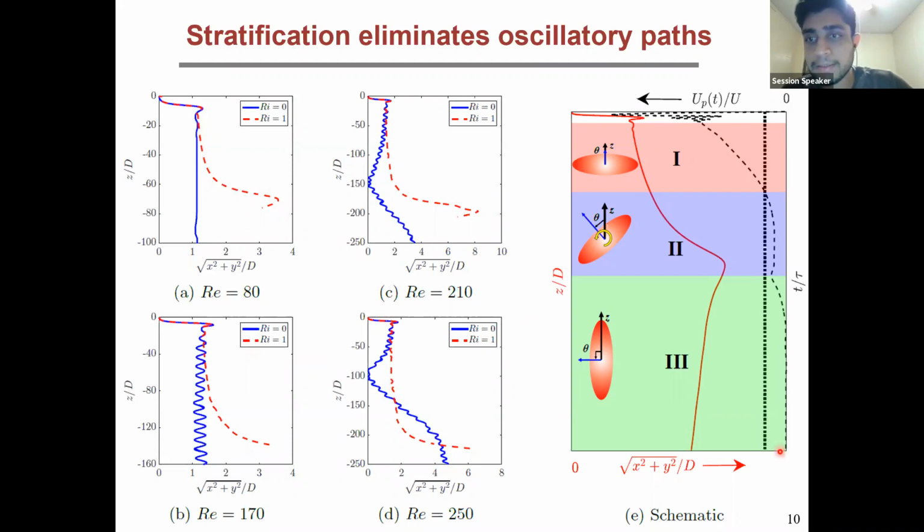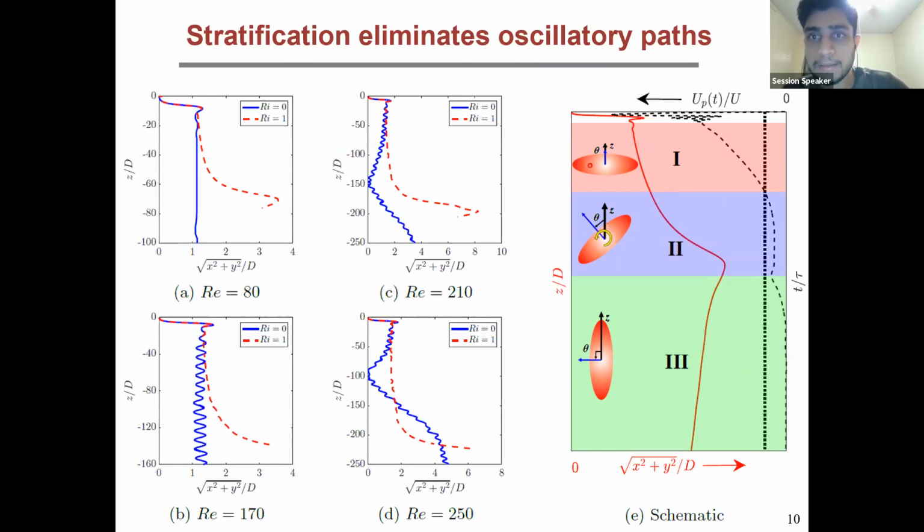This is summarized in this nice figure here, where we plot the trajectory in red along with the settling velocity evolution. Looking at this figure, we divide the settling trajectory into three distinct regimes.